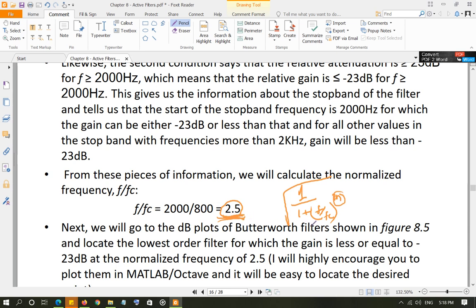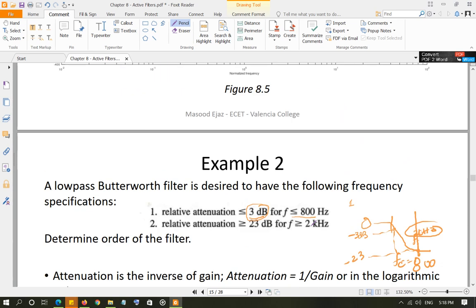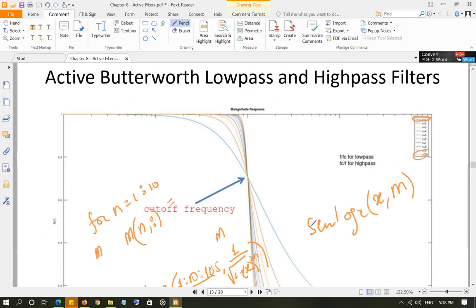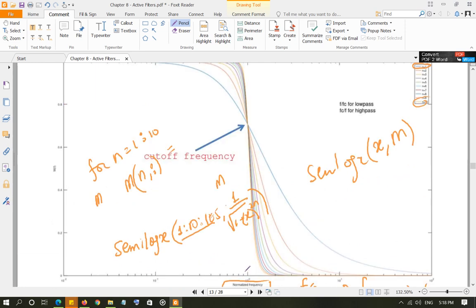So you are going to go ahead and look at this set of curves, and from this set of curves you're going to go to the x-axis. Again, if you have plotted them with MATLAB or Octave, it's going to be very easy, because when you move your mouse, it's going to show you the changing value on the curve.